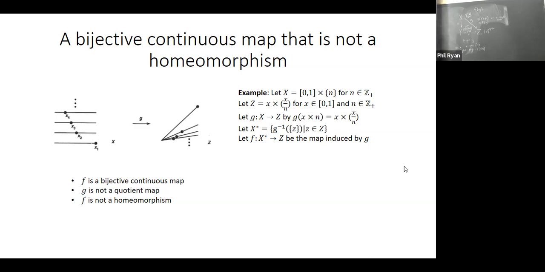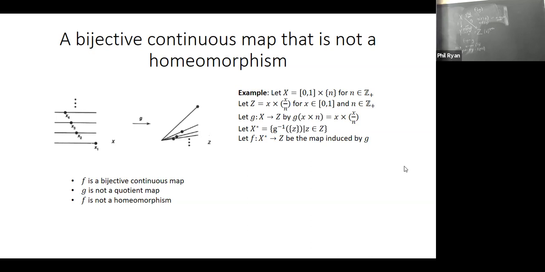And we get a map that goes from here to here. We've got a point in a unit interval and a positive integer. We map it to the same point x in the first coordinate, and in the second coordinate we map it to x divided by n.